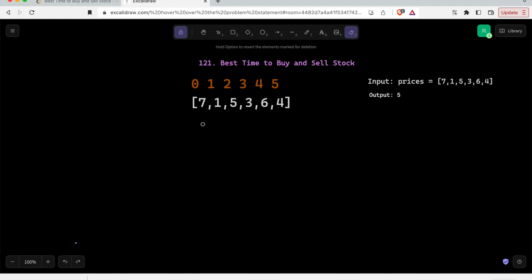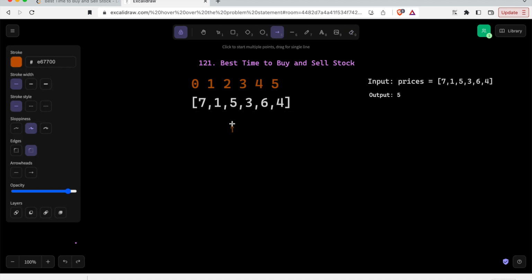Let's say you have to buy on the present day and sell in the future. Say I have bought the stock on the second day at the price of 5, and now I'm thinking of selling it.